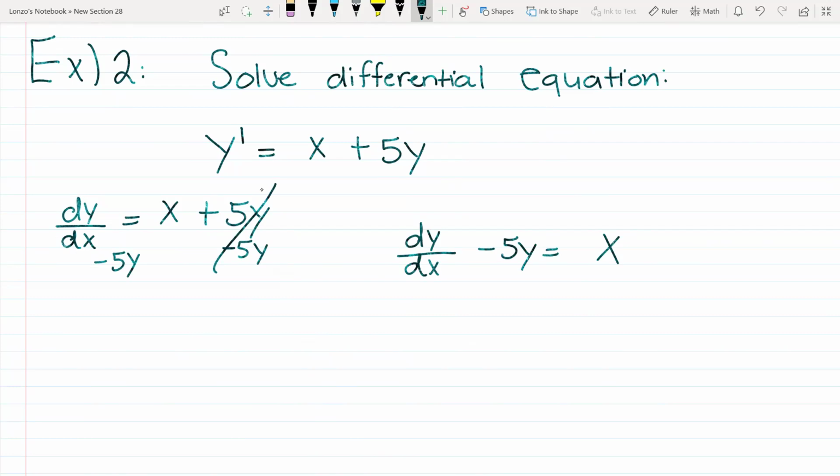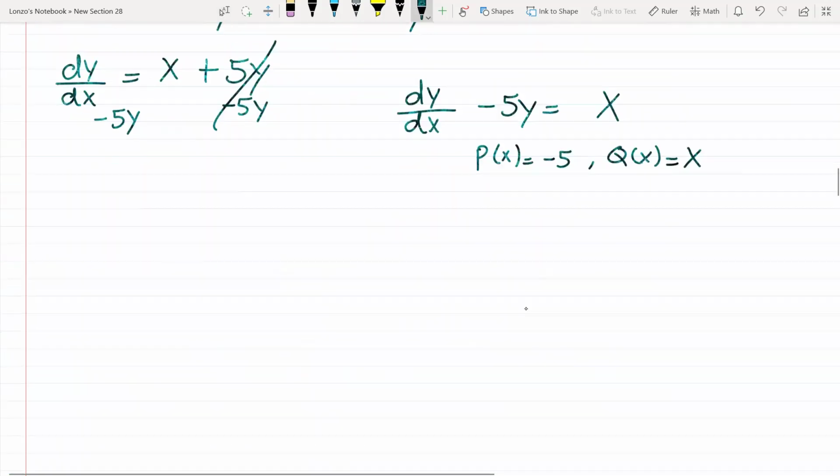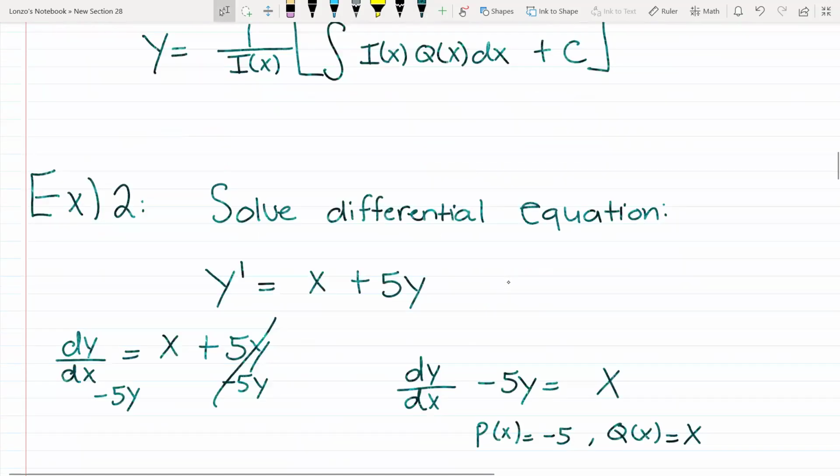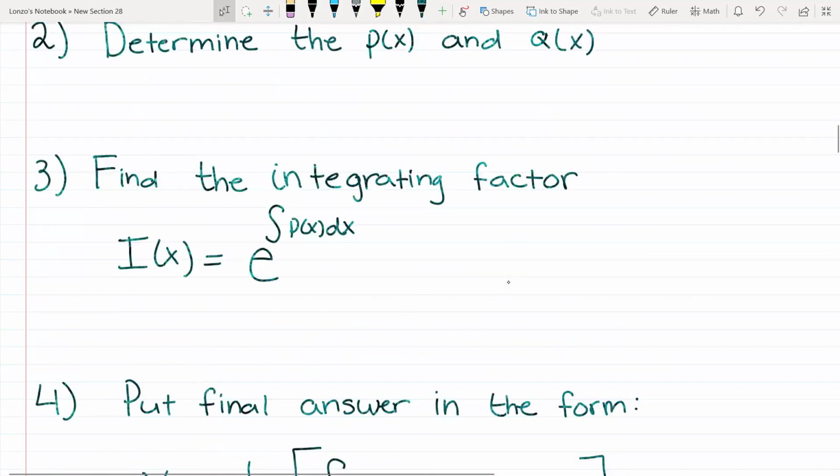Let's figure out our p of x and our q of x. Our p of x will be -5, and my q of x will be x. The next step, since we have it in standard form and we have our p of x and q of x, is to find our integrating factor. It's I of x equals e to the integral of p of x dx.